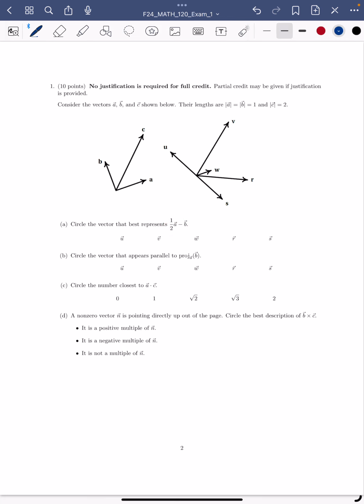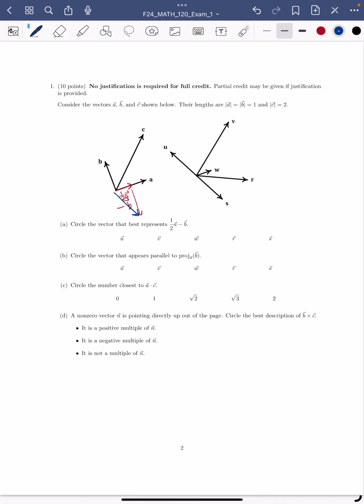So we drop the picture. We have 1/2 of A, and negative B. So you put this parallel to here, and then you add the vector together, head to tail.